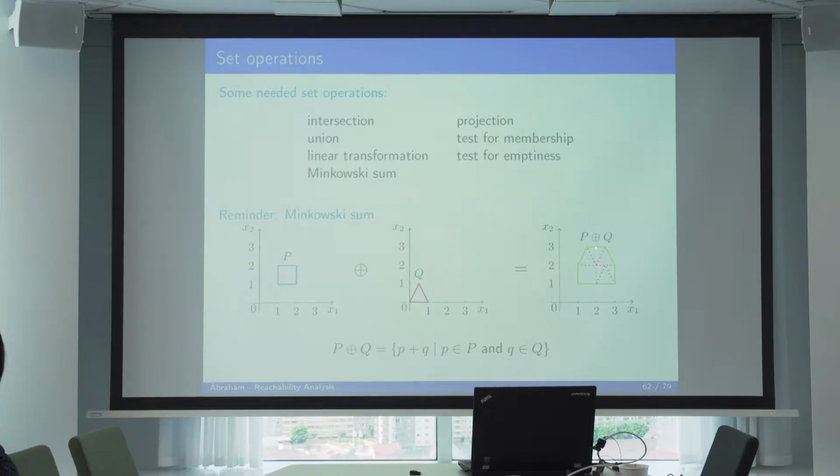You will add it to each point here. So basically, the borders of the set will be bloated by this triangle at all points. If in this set the left corner is not at 0, then it will also move the set. And then we need some further operations.